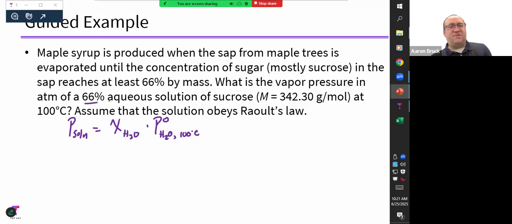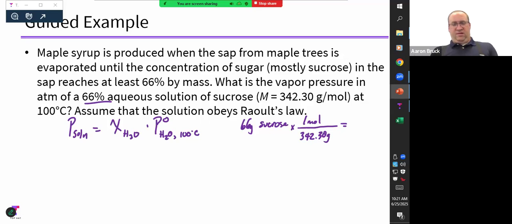If I have a 66% solution of sucrose, that means I have 66 grams of sucrose. Its molar mass is 342.3 grams in 1 mole. So 66 divided by 342.30, to two significant figures, is 0.19.